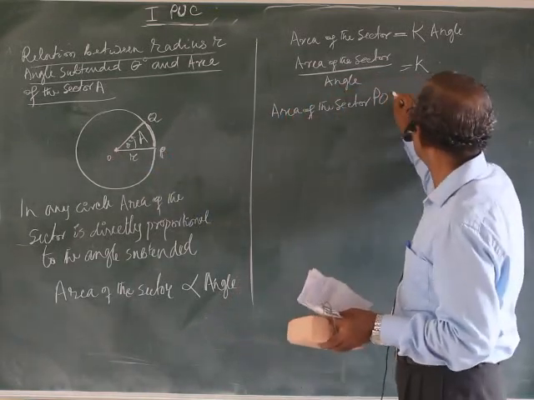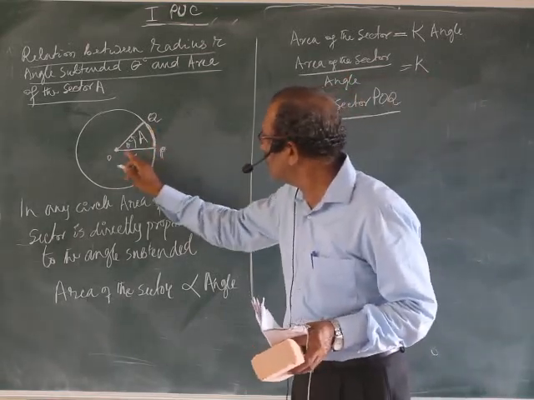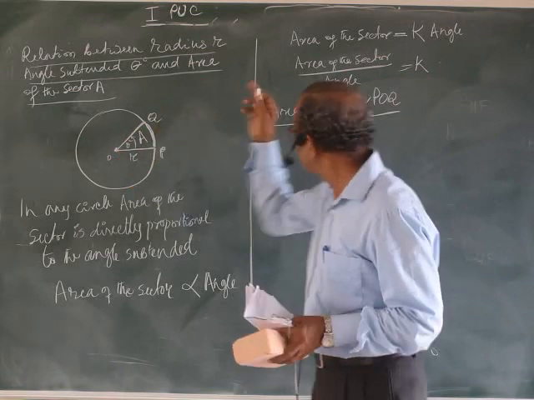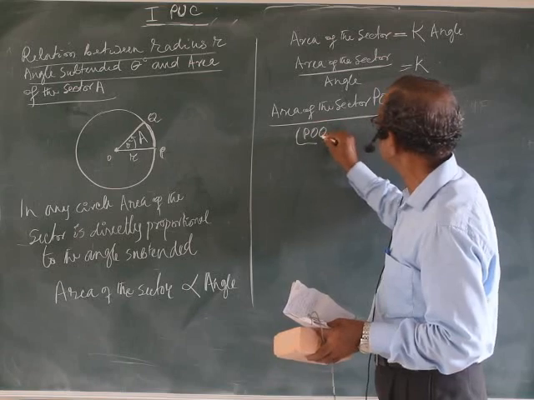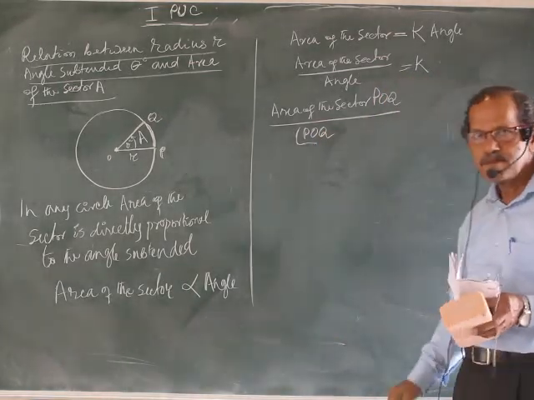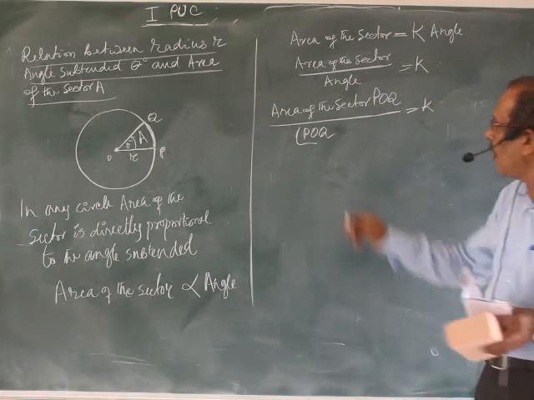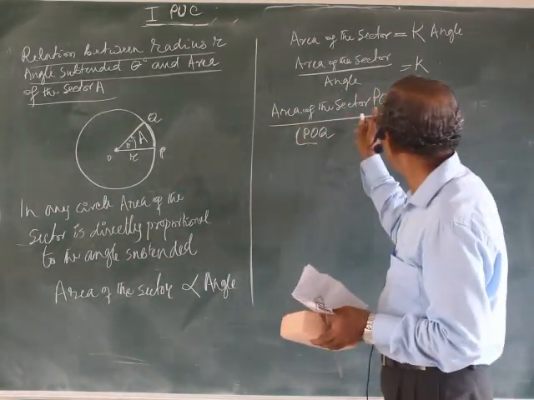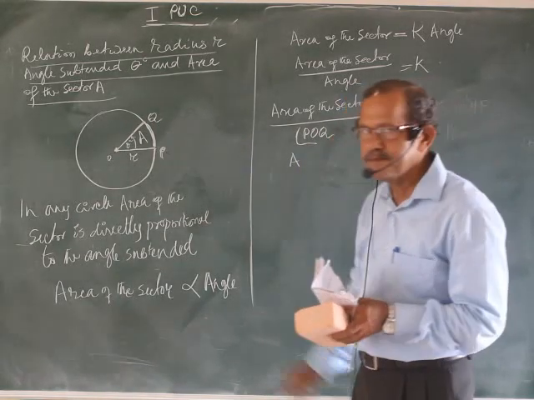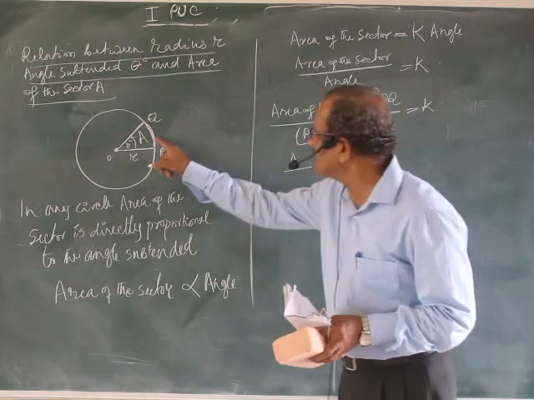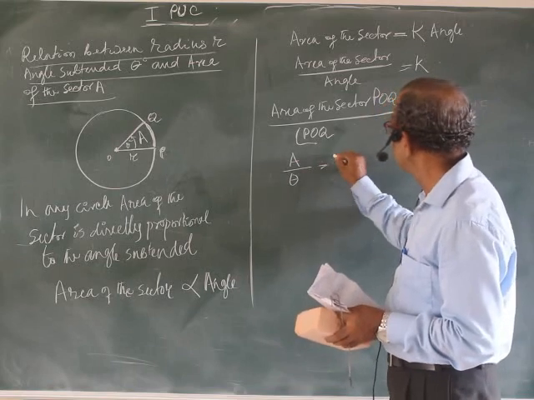Area of the sector POQ divided by angle subtended, angle POQ, is constant. Or area of the sector POQ, I have taken as capital A, divided by angle subtended by the sector, I have taken as theta, is constant.